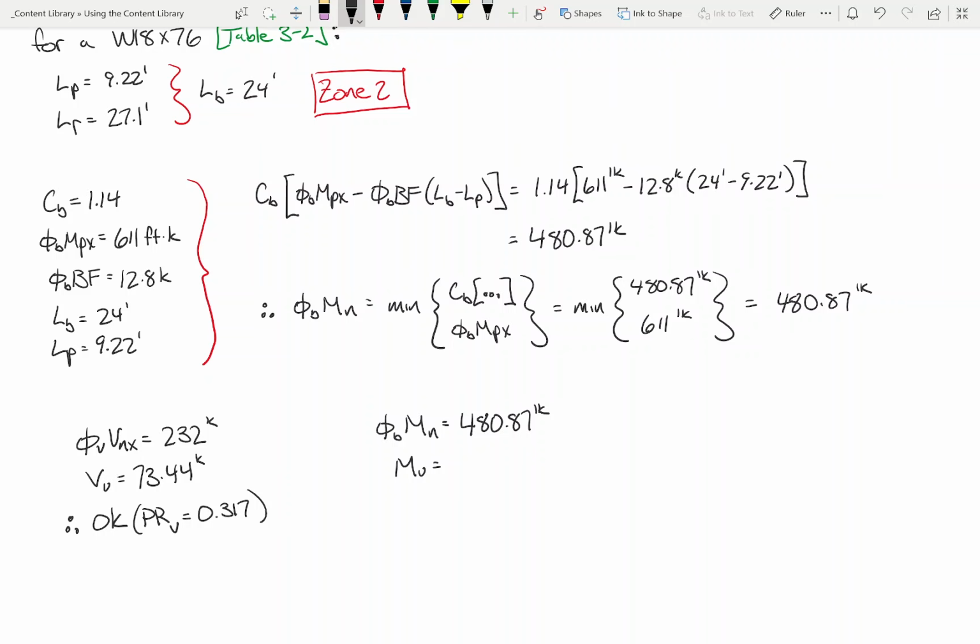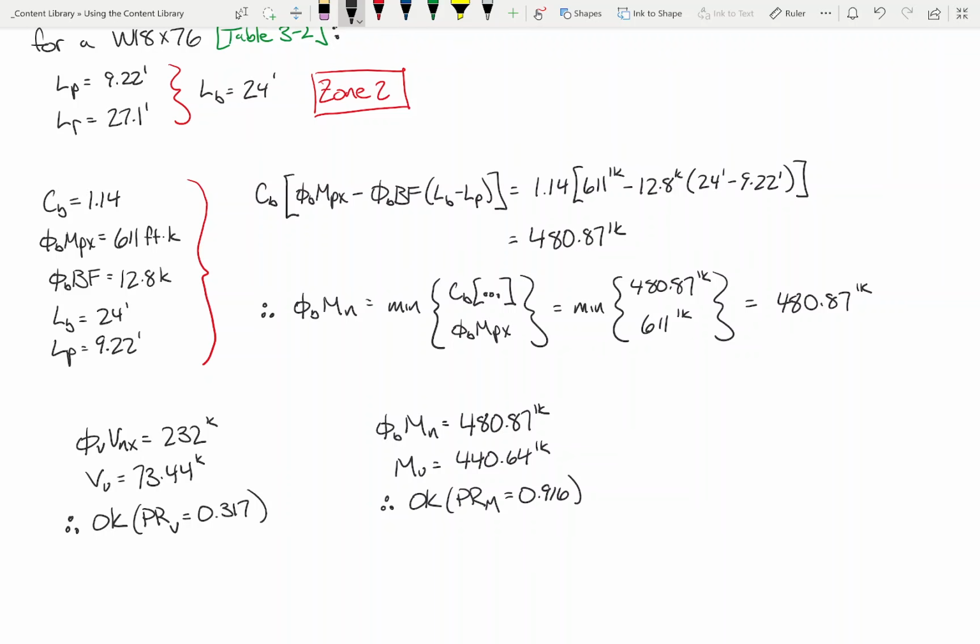Once we got our section, ignore all this. We go back to this. 440.64. Are we okay? Yes. And our performance ratio here, if we divide MU by phi MN, comes out to be like 0.916.